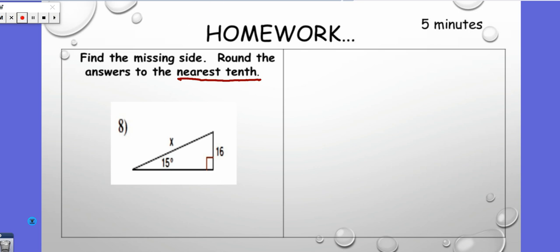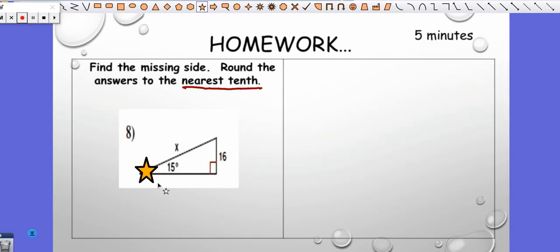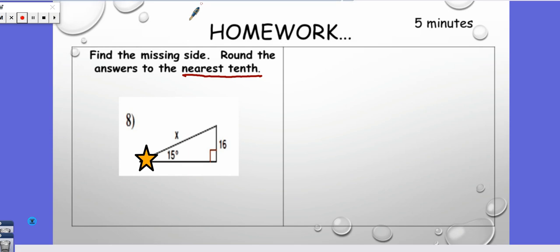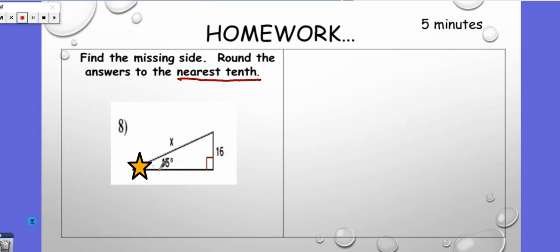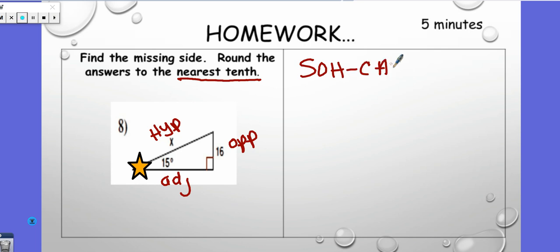So here we're going to do this again. I'm going to put my star here, and then the side here that's across from the right angle is the hypotenuse. This side that I'm touching is the adjacent, and this over here is the opposite. So I'm going to write SOH, CAH, TOA since I can't use the Pythagorean theorem. And then here I have the hypotenuse and opposite, so I'm going to use sine.